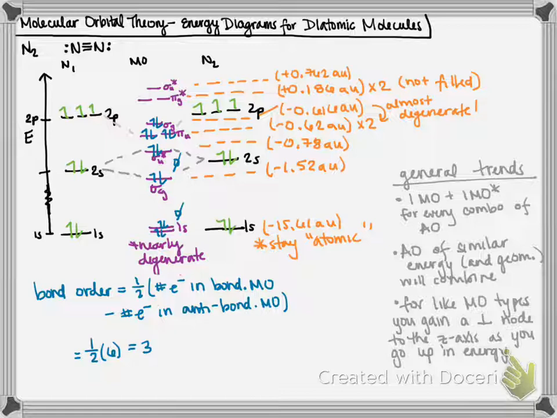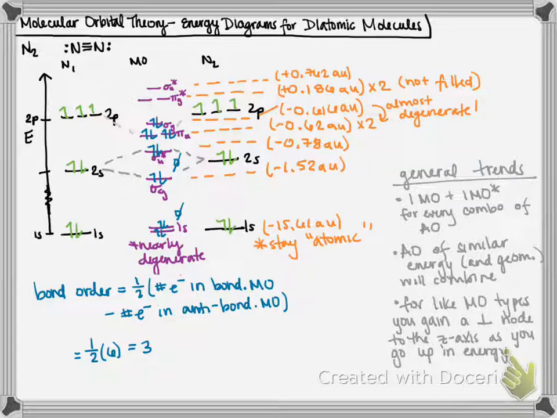And if we look at our sigma gerade, our lowest one, from the 2s orbital, it had no nodes. Sigma ungerade star, which was our antibonding, had one node. But then the sigma gerade that was bonding from our 2p orbitals, all of a sudden it was bonding, but it had two nodes. And the one above that was antibonding, the last one we looked at, was also sigma, but it had three nodes.